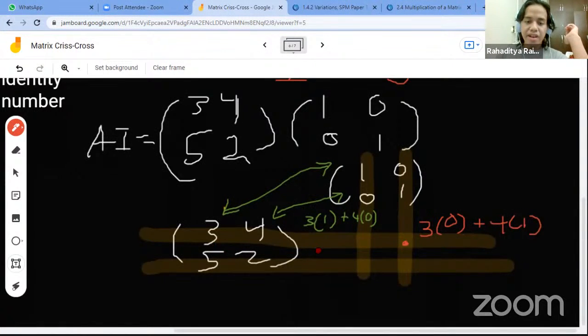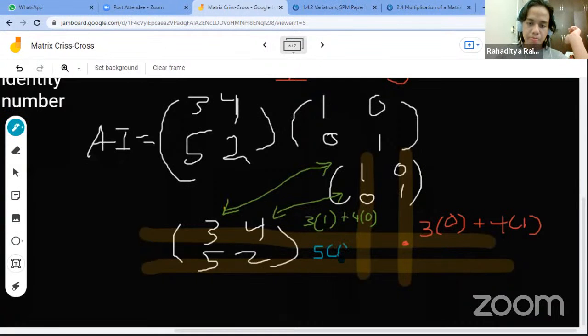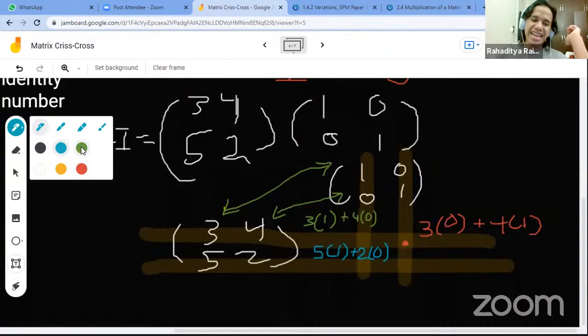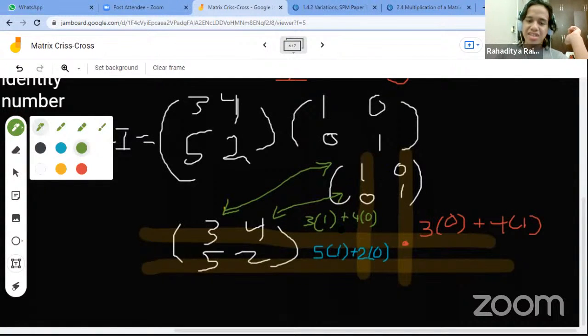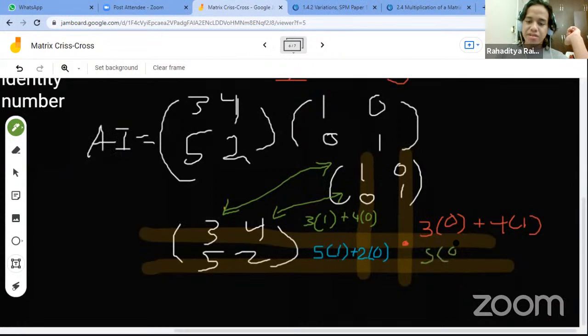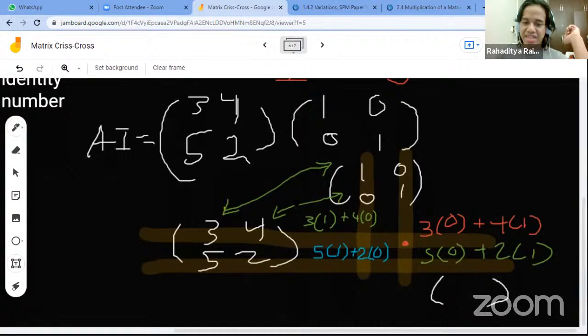And then 5 times 1 plus, and you do this entire thing for all of them. I think you can see what I'm trying to show. At the end of all this, you'll see very clearly that the resulting matrix is actually just 3, 4, 5, 2 again.